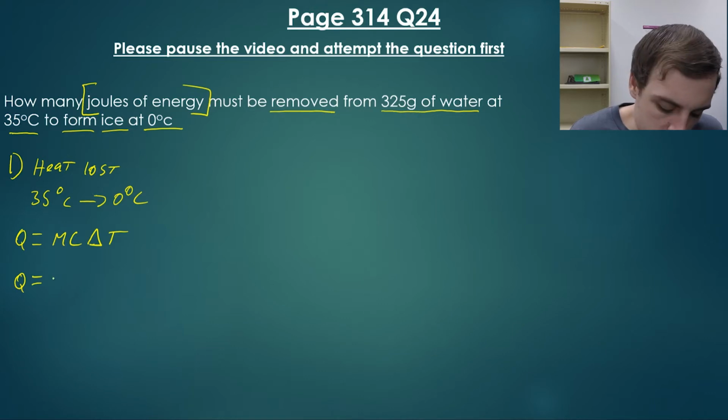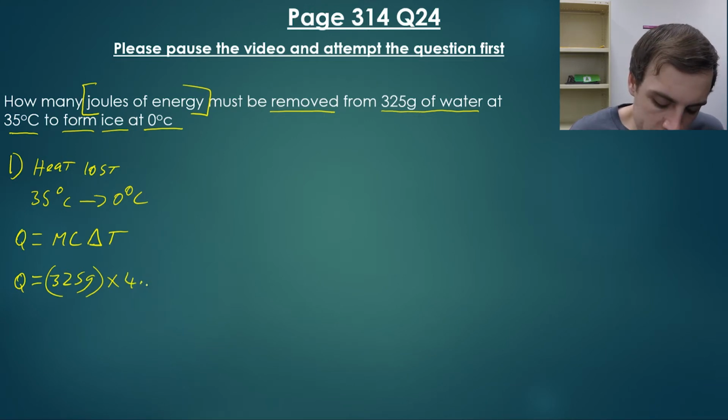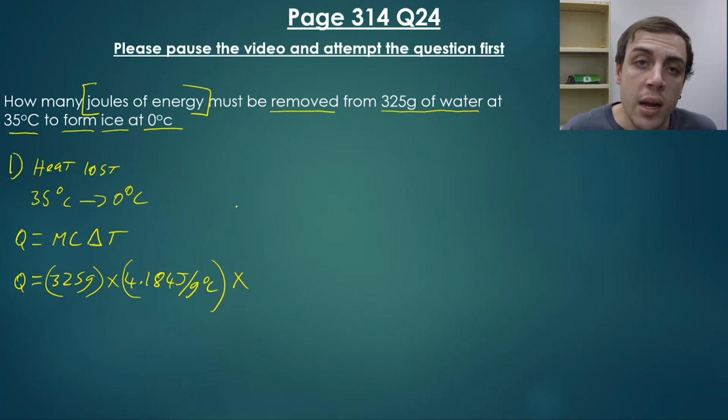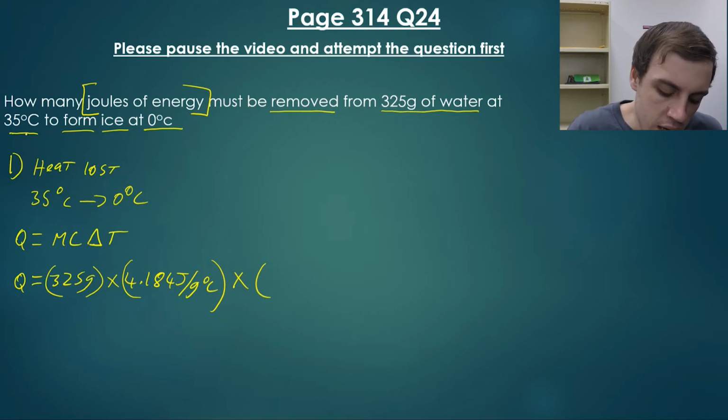So the mass is 325 grams times the specific heat, which is 4.184 joules per gram degrees Celsius, multiplied by the change in temperature. So the change in temperature is going from 35 degrees to 0 degrees. So we're going to do 0 minus 35 degrees Celsius.